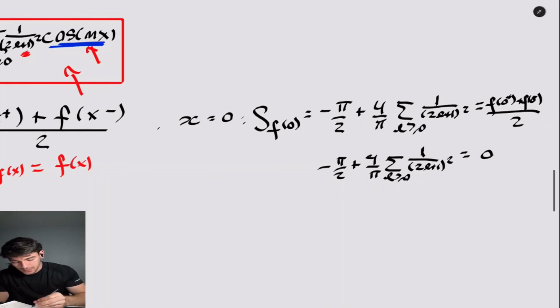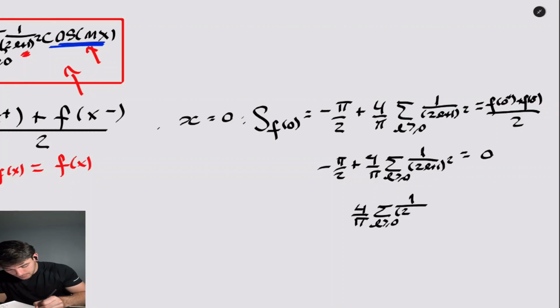Okay, so minus pi divided by 2 goes to the other side as positive, so 4 divided by pi, the sum equals pi divided by 2.